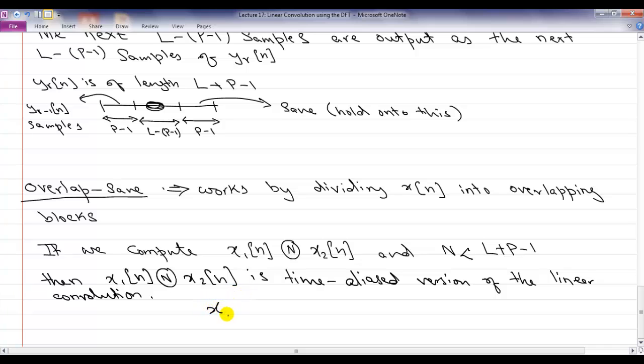We can say that x3p[n], that is the principal period, so one period, of taking the linear convolution, is defined as the sum of x3[n minus rN], r from minus infinity to infinity.